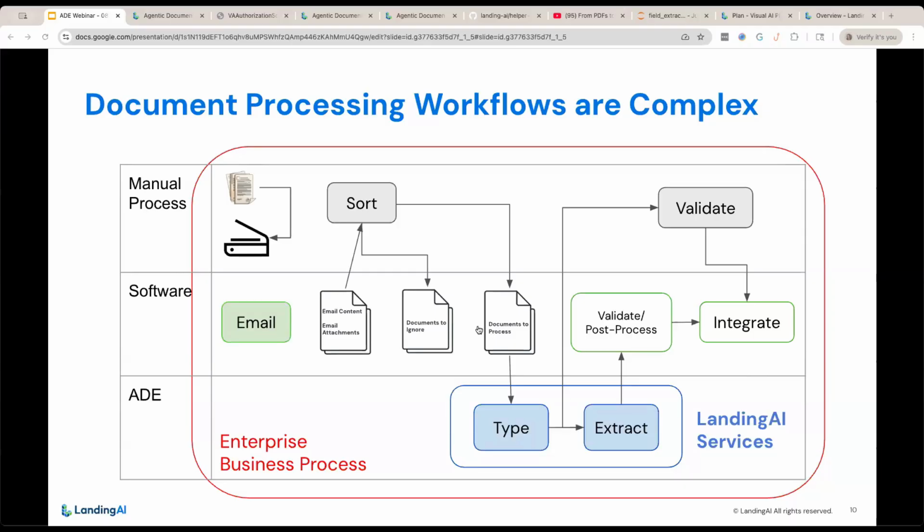So there is a lot for our enterprise customers to think about when it comes to the manual processes that are sort of sorting and collecting that data, that may work alongside software processes that then ultimately need to be integrated into some sort of downstream system.